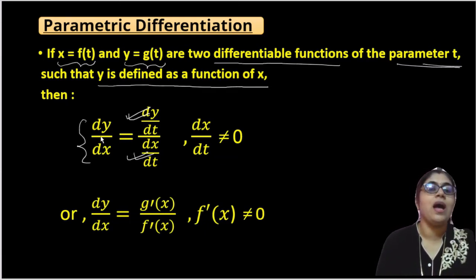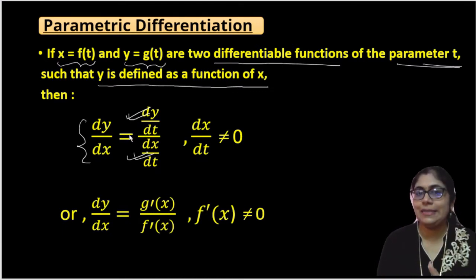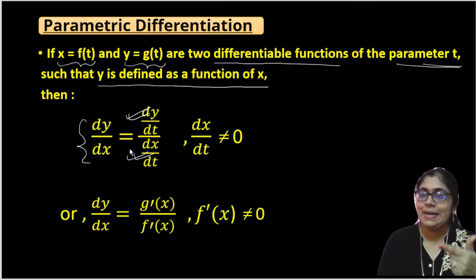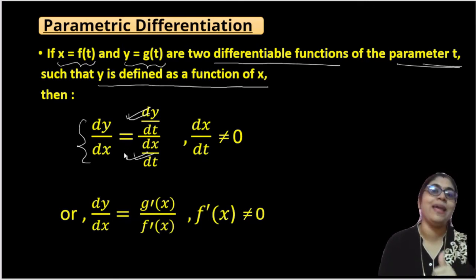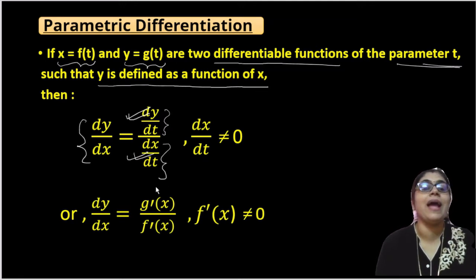Now after finding dy/dt and dx/dt, we can easily find dy/dx by dividing dy/dt by dx/dt. So dy/dx is equal to (dy/dt) divided by (dx/dt).